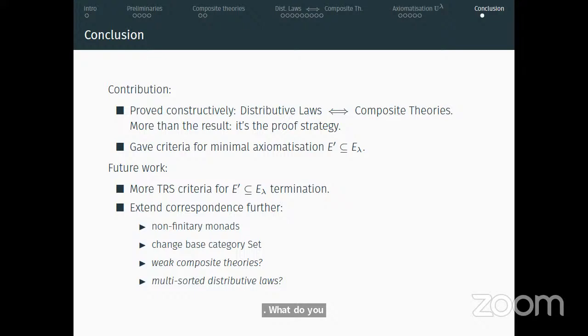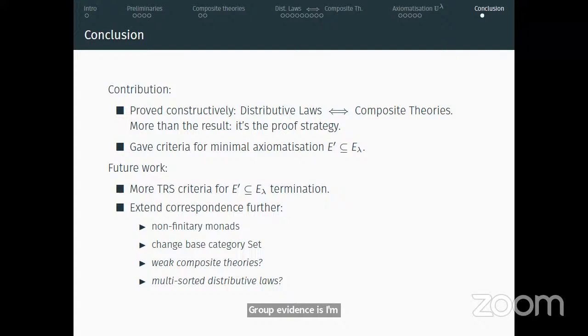You start with groups and rings, and then you compose again to get group rings? I've never heard of group rings. You consider linear combinations of group elements with coefficients being ring elements, and then you obtain a natural ring. Yeah, that might be a composite theory.